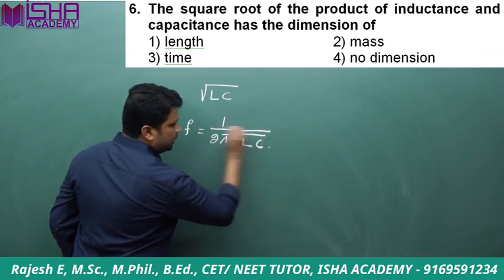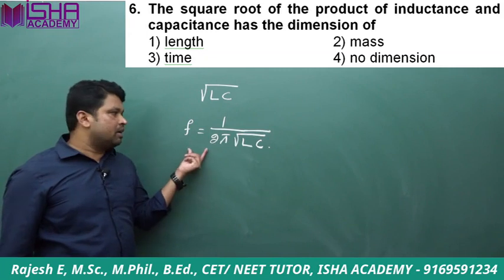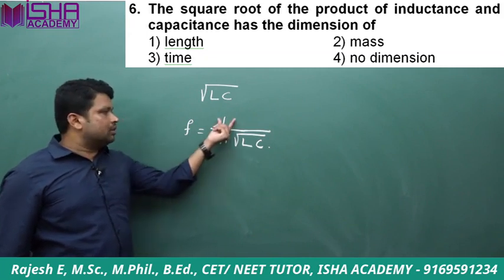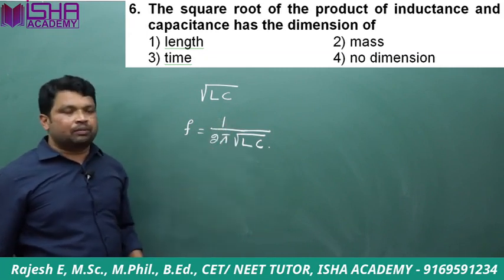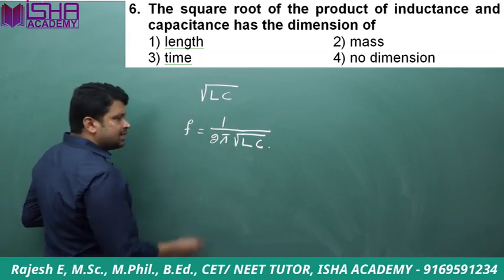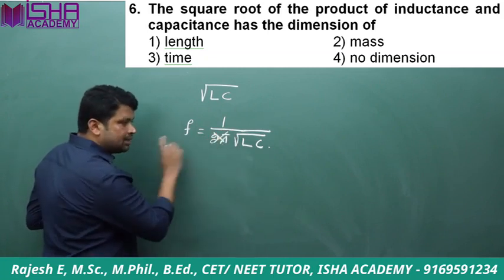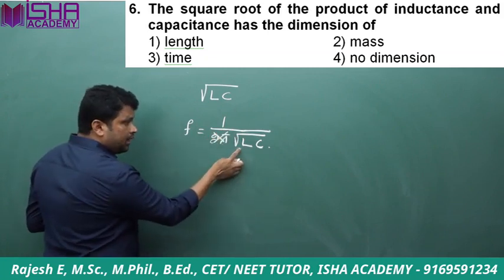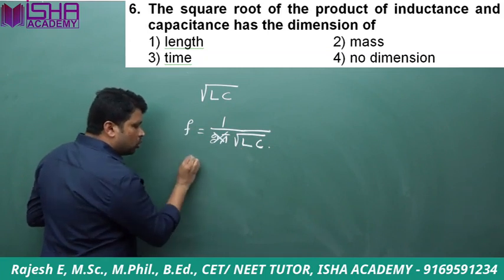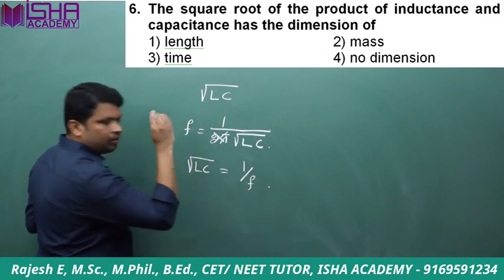This formula you are going to study in alternating current. This is the famous formula. Frequency is equal to 1 divided by 2 pi into root LC. You have to find the dimension of root LC. 2 pi is dimensionless, so it will not be considered. So take root LC to here. Root LC is equal to 1 divided by F.